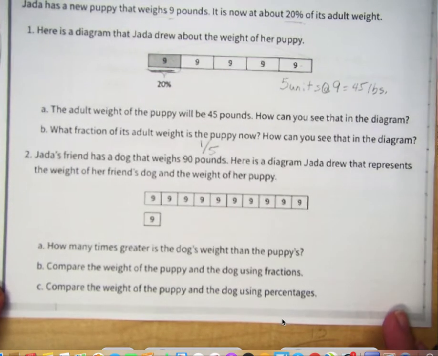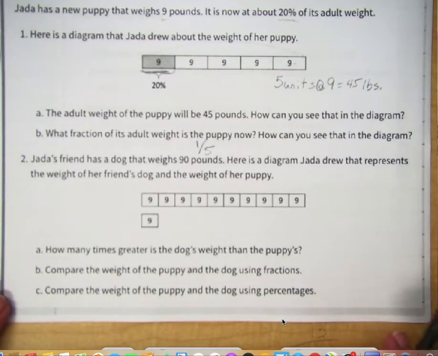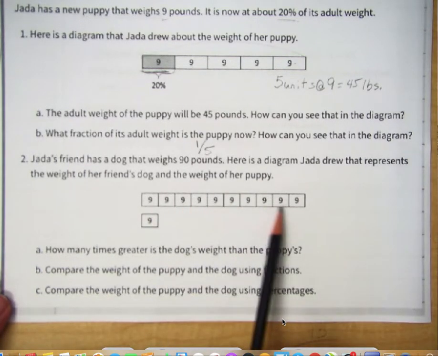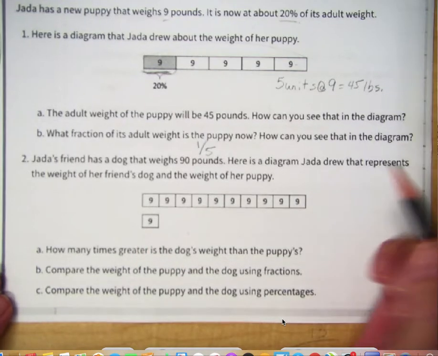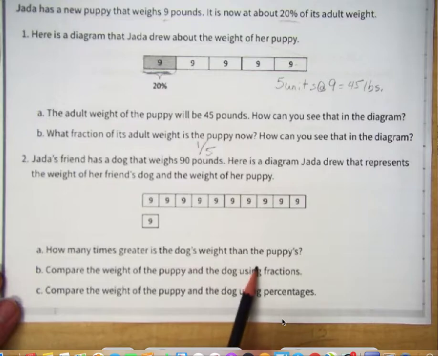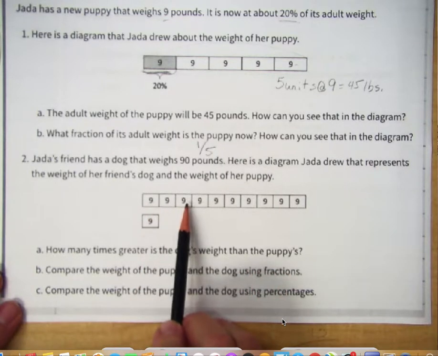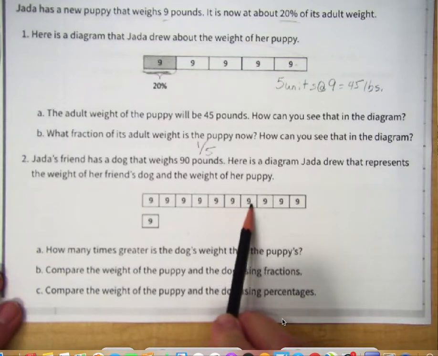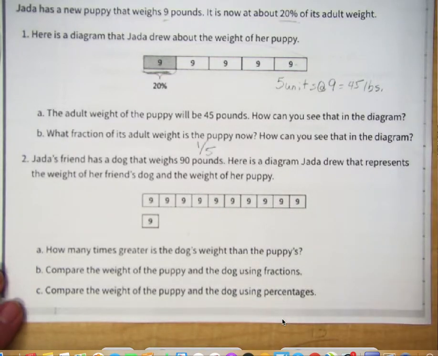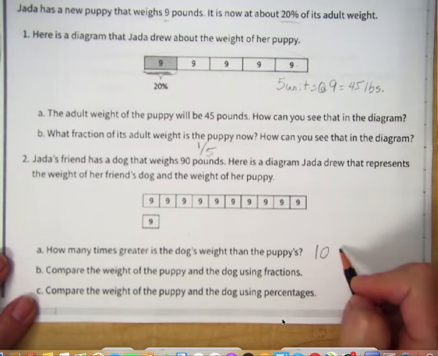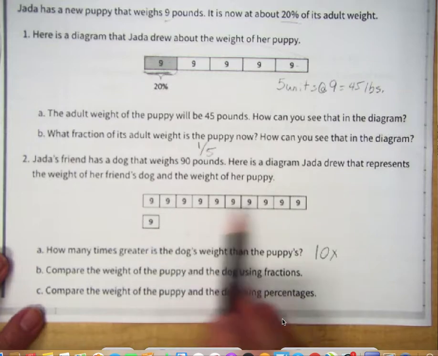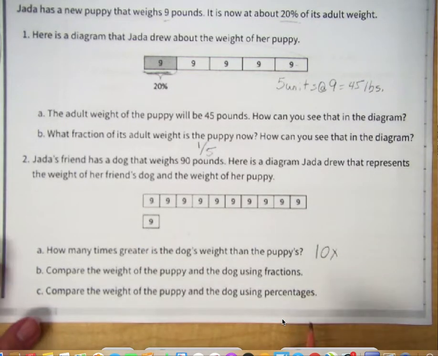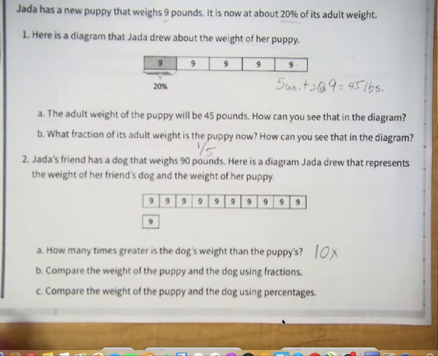So Jada drew a diagram that represented her dog's weight and the weight of her puppy. How many times greater is the dog's weight than that of the puppy? 1, 2, 3, 4, 5, 6, 7, 8, 9, 10. 10 times, right? There are 10 nines here. There's only one 9 here, so it's 10 times greater.